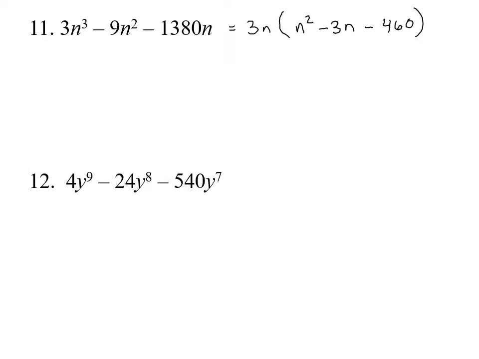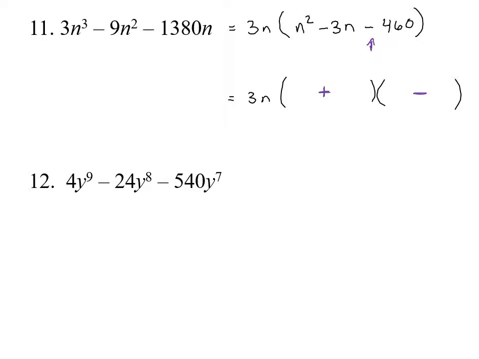That might be able to be factored again. And so we look. There's a minus sign right here. So in my sets of parentheses, since that's a minus, I need to have a positive on one and a negative on the other.